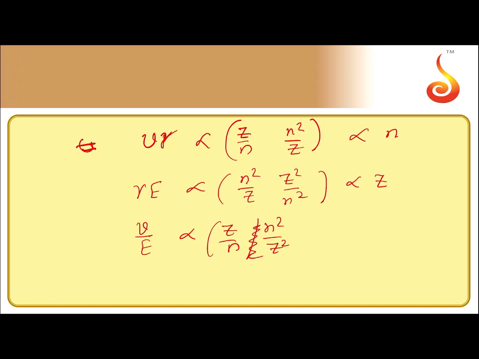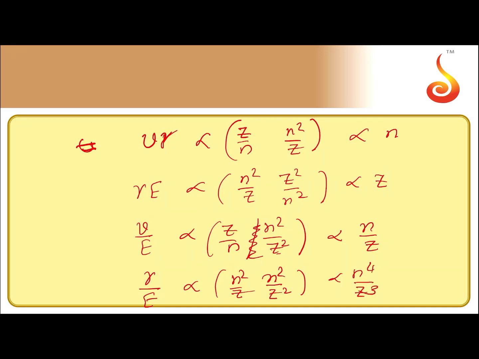So Z square by N square in the denominator becomes N square by Z square, and thus it is proportional to N by Z. And the last is R divided by E. This is proportional to R, is proportional to N square by Z, and in the denominator we have E, and therefore it is Z square by N square, or it becomes N square by Z square. This is proportional to N to the power of 4 divided by Z cube.